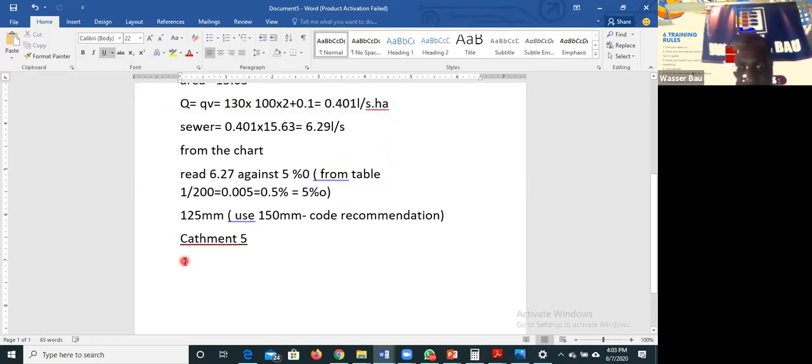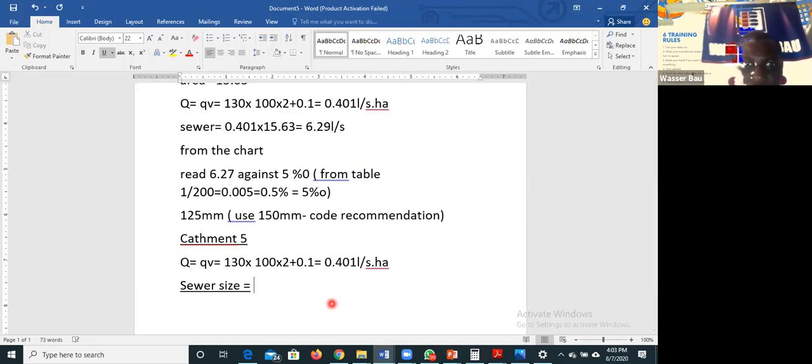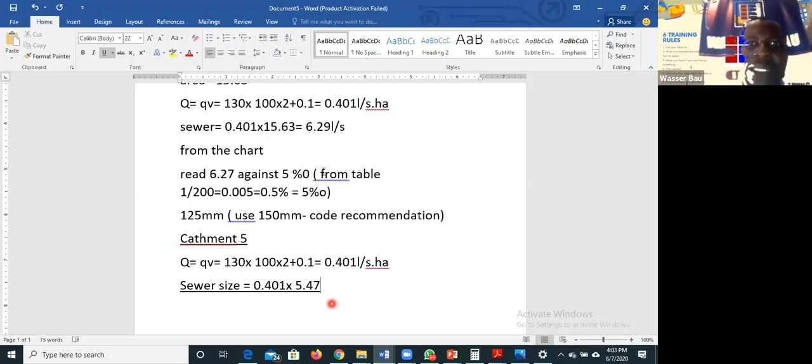The second one will now be the sewer size, which is 0.401 multiplied by 5.47. I really enjoy this because it is telling you that if you are given a plot of land, a virgin area, all you need to do is the design based on the size of the land. But then what will also guide you is the land use.